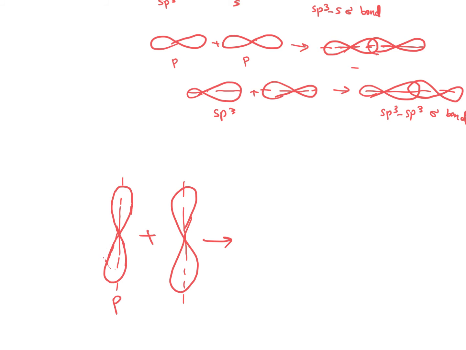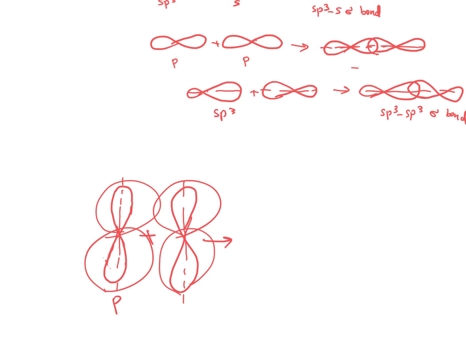So in other words, if you want to write it concisely, it would be the overlap of each two lobes. Pi bonds are covalent chemical bonds in which two lobes of an orbital overlap with two lobes of another orbital.